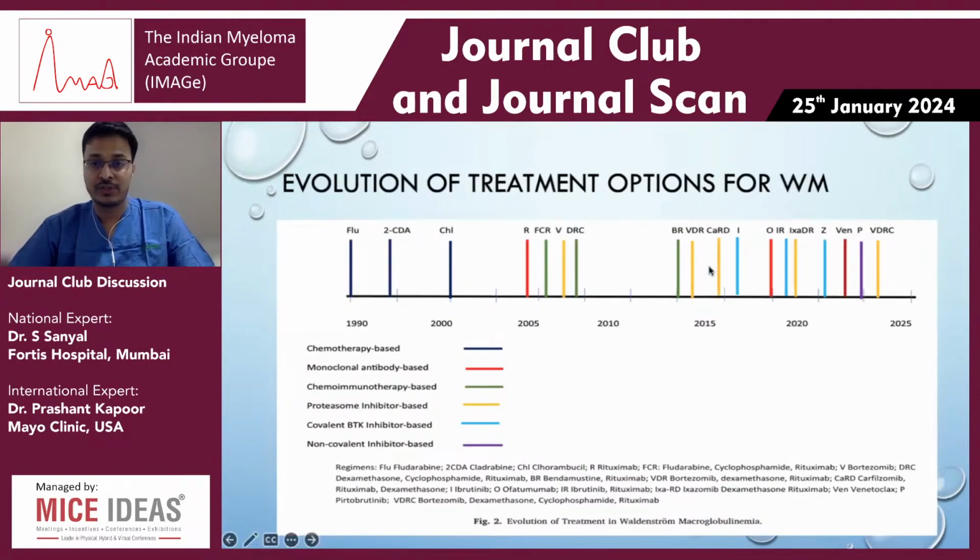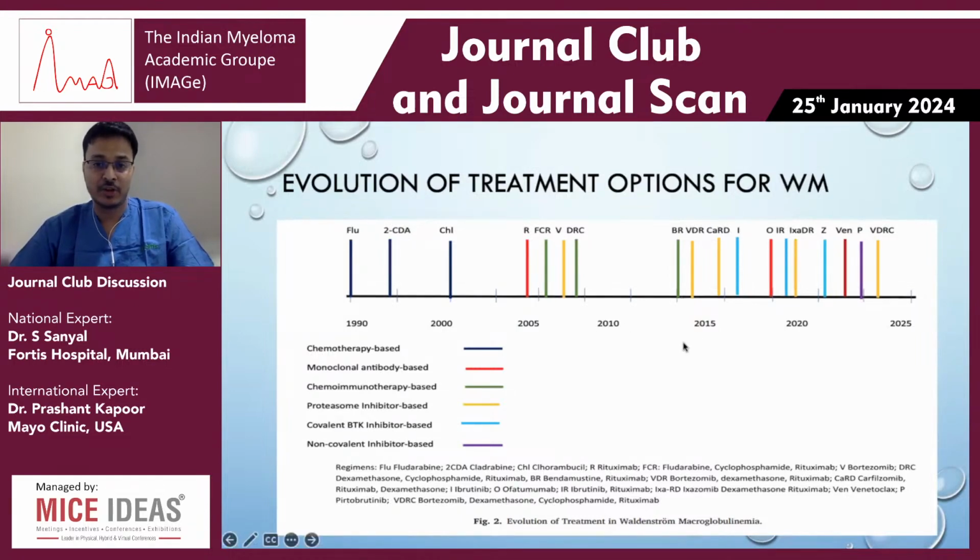So what are the treatment options for Waldenstrom? Before 2005, it used to be conventional chemotherapy in the form of single agent fludarabine, cladribine, or chlorambucil. Then there was the onset of rituximab and then combination therapy with chemotherapy in the form of FCR. Around 2009, 2010, bortezomib was added.